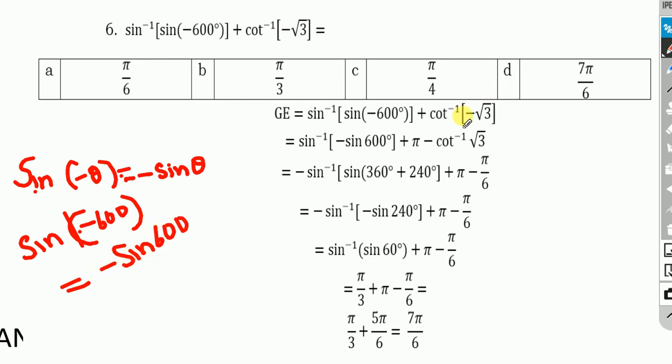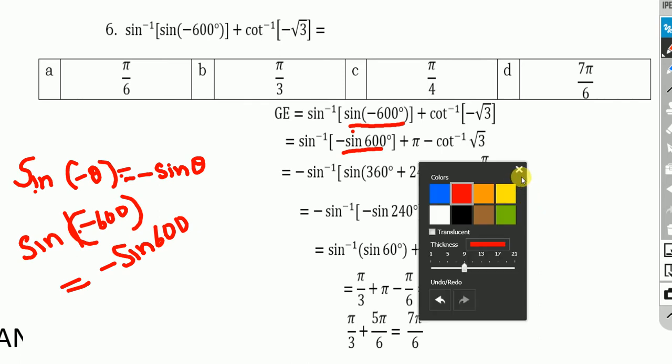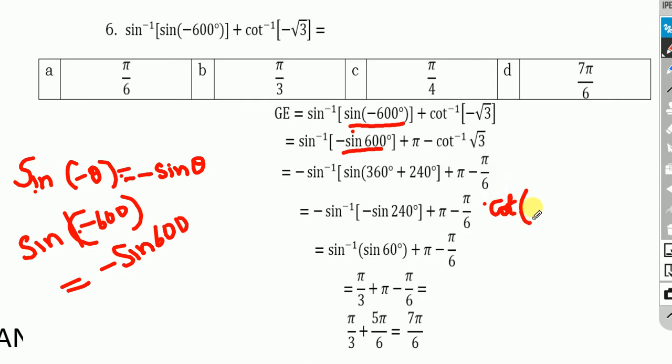So sin of minus 600 is nothing but minus sin 600, and I have a property or formula: cot inverse of minus x is equal to pi minus cot inverse of x.